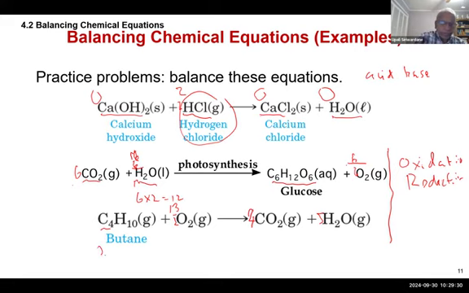Therefore, 2 here, 13 oxygen here, 8 carbon dioxide, then 10 water. You normally don't leave fractions. We're going to look into some of that again. So this is the balanced equation.